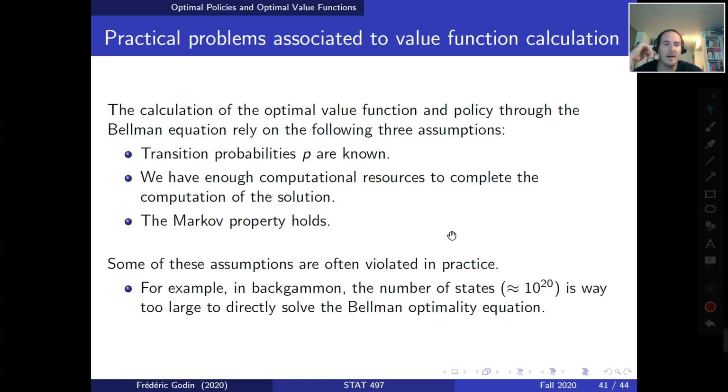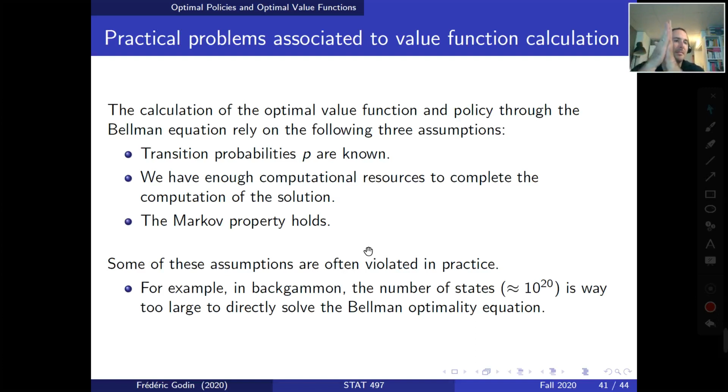Third problem we can run into is the following. In our dynamic programming setting, we had to assume that the Markov property holds. If you go back to class 2, at some point I had to drop some of the conditions from the nested conditional expectation inside the double expectation theorem, and this was done because we assumed that we had the Markov property.